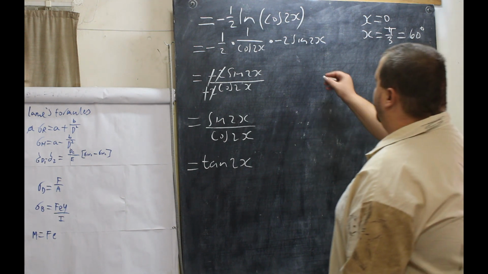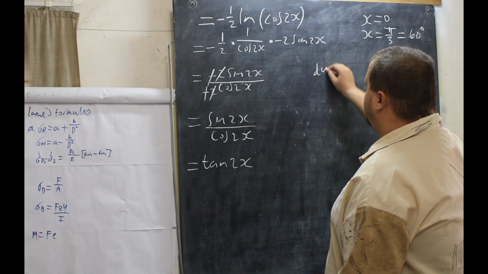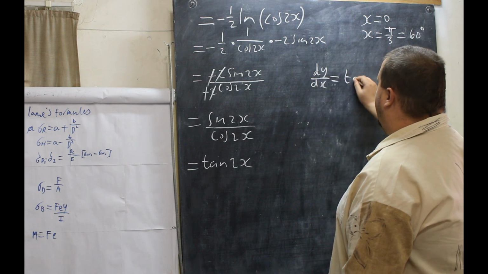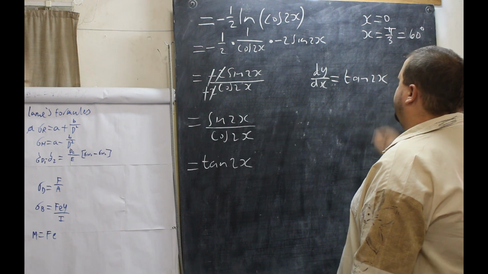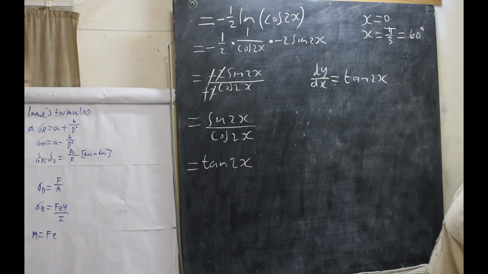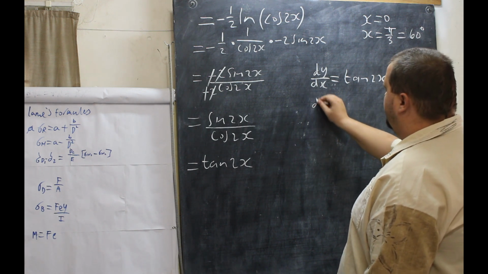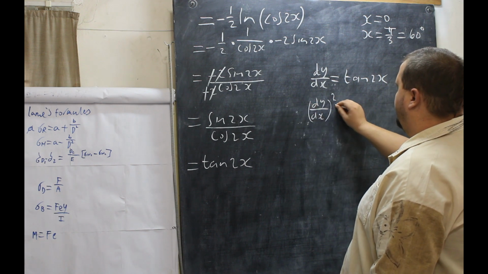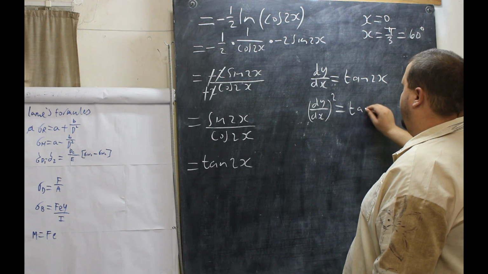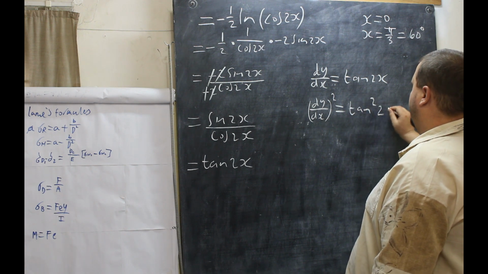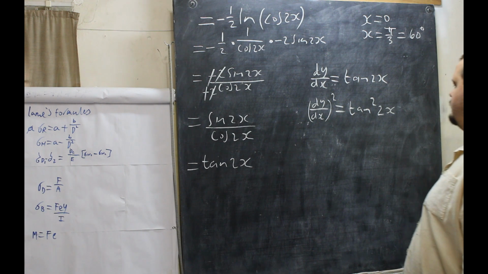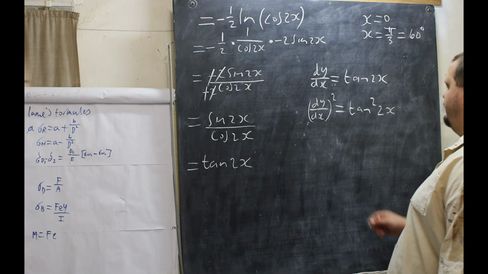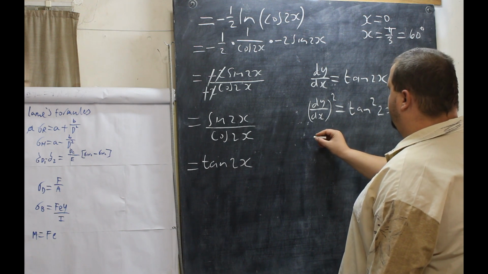Now, what we've done so far is dy over dx equals tan 2x. Now what we're going to do is say dy over dx squared equals tan squared 2x.